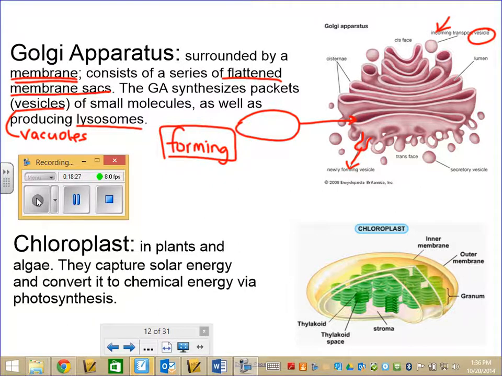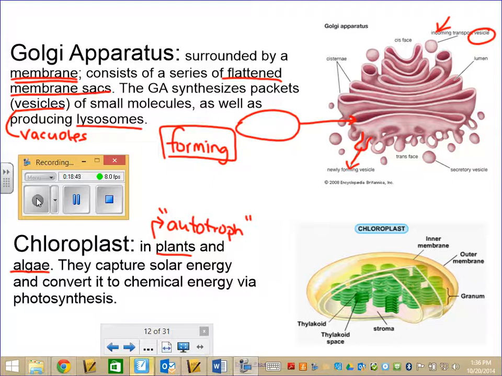Now the other organelle that I'm describing in a bit more detail here is a chloroplast. A chloroplast is something I would find in plants or algae or any other type of organism that is called an autotroph. An autotroph is something that makes its own food.